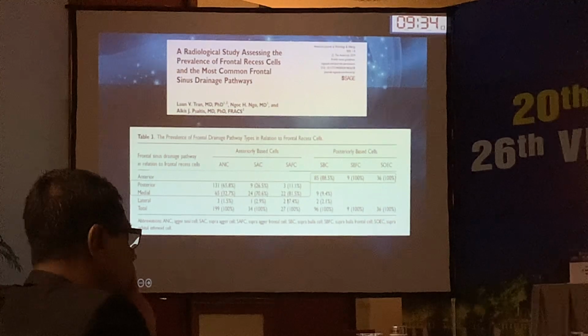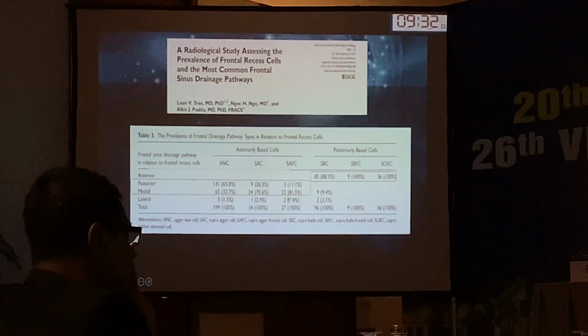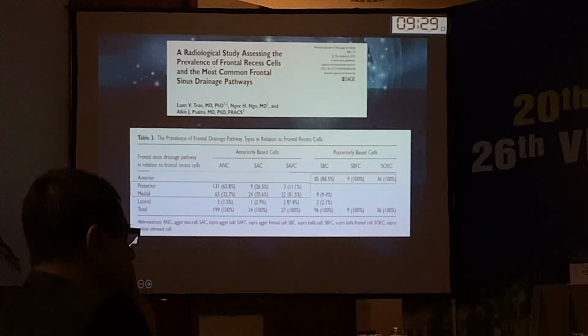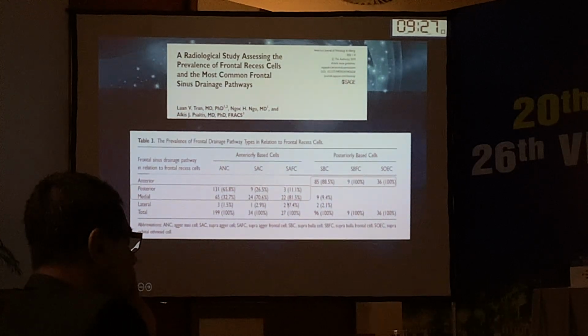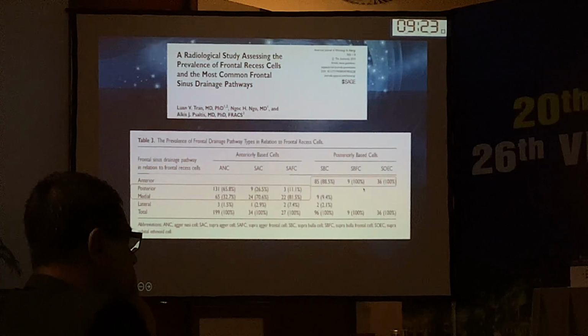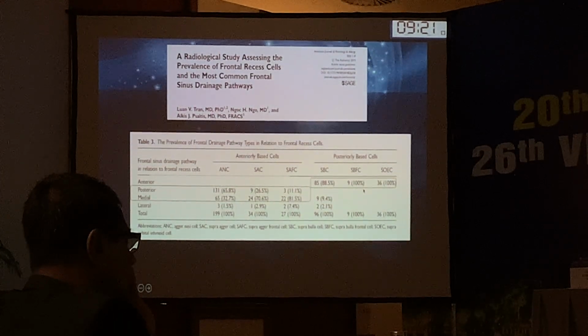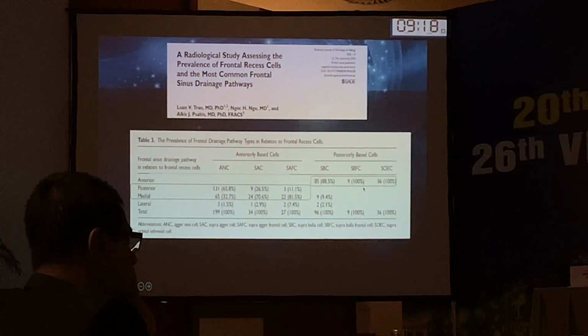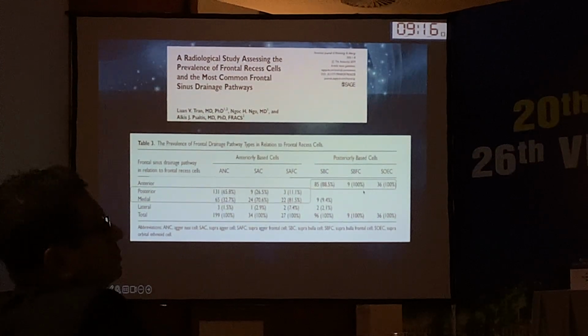So if you have a higher cell like SAC and SAFC, the pathway is more medial than posterior to that cell. For the posterior cells, in 100% of cases the pathway is posterior to the suprabullar frontal cell and supraorbital ethmoid cell.